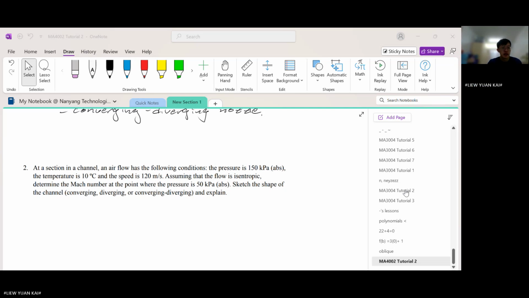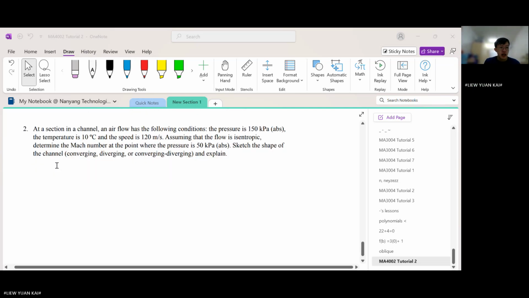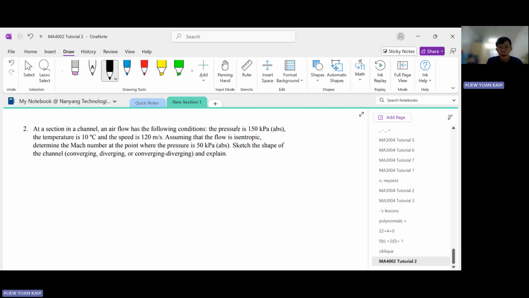Okay, question 2. At a section in the channel, an airflow has the following conditions. So we have the pressure, temperature, and speed. Let's call this point 1. So this will be P1. This is temperature in degrees Celsius, but change it to Kelvin. So plus 273, you have 283 Kelvin.